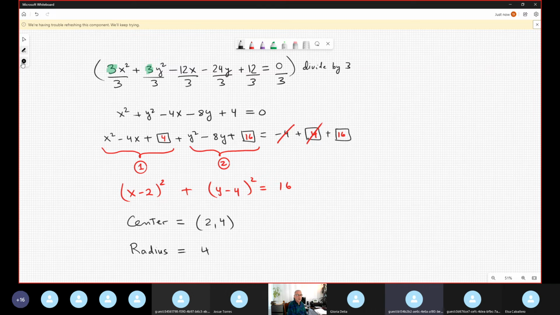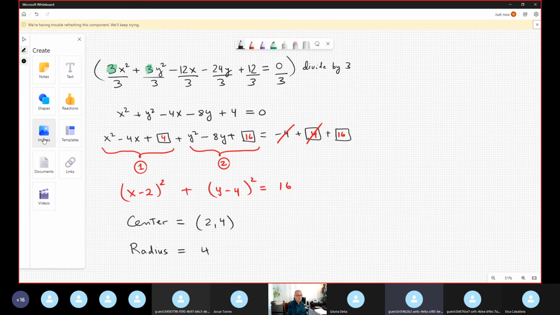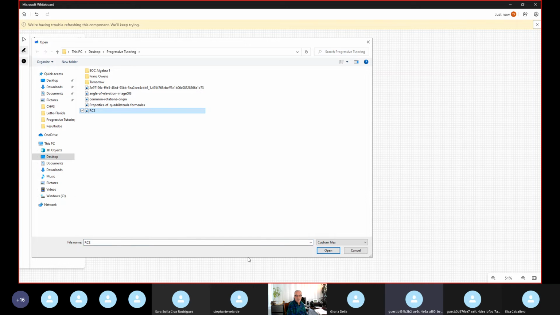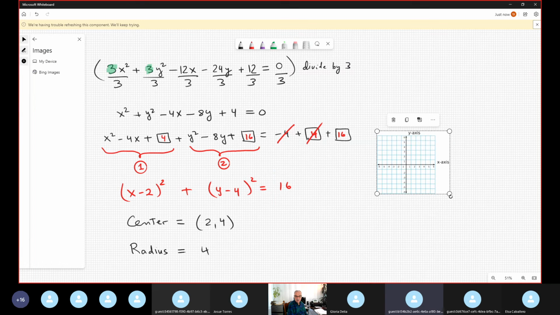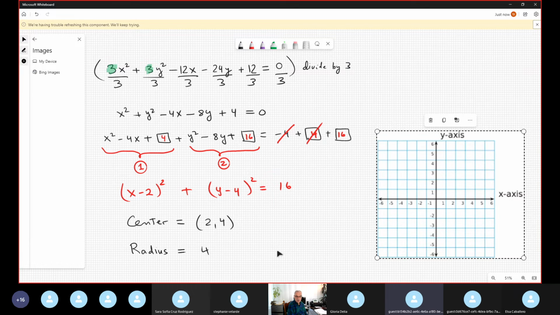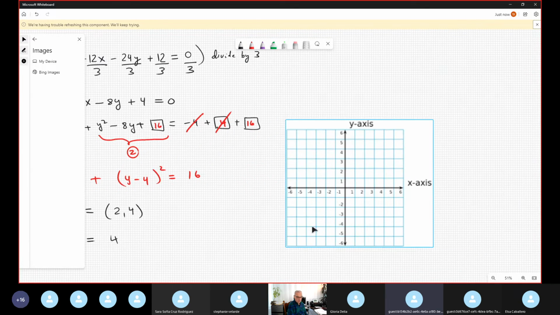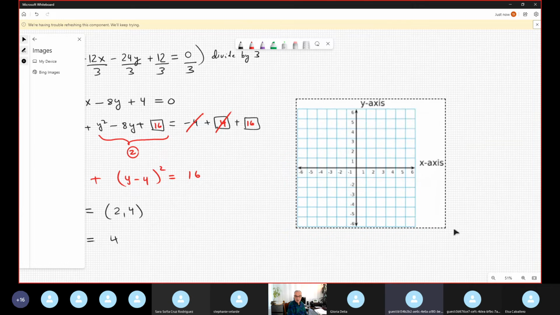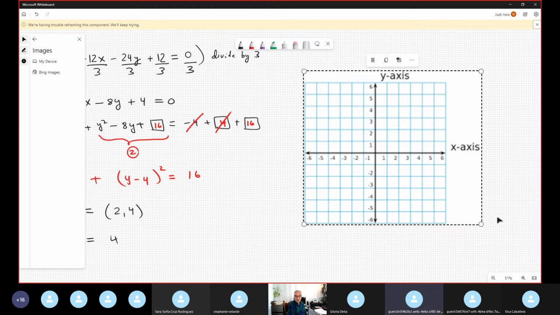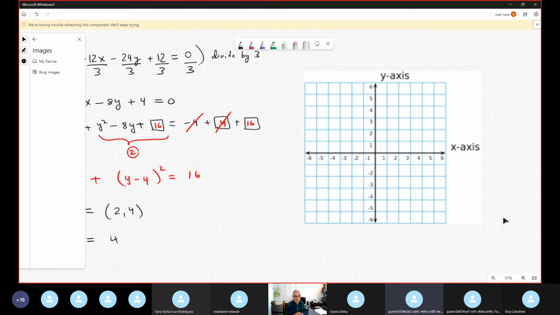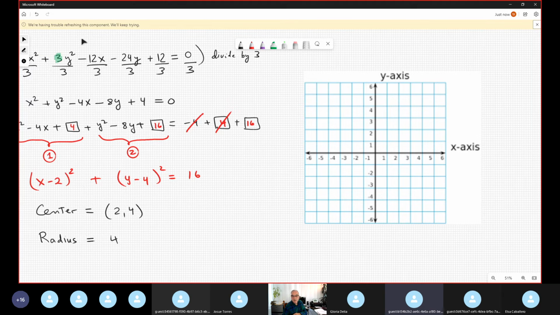Now the final answer they want is to do the graph. Okay, the center was (2, 4).